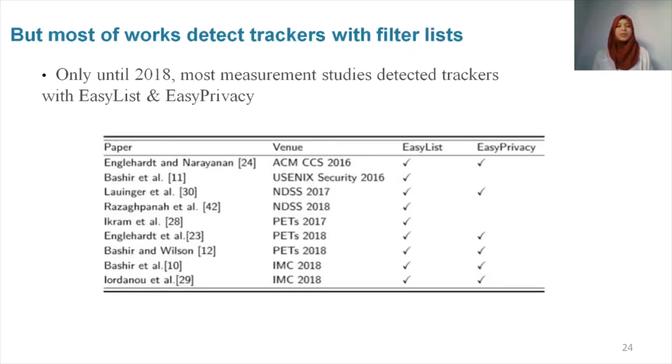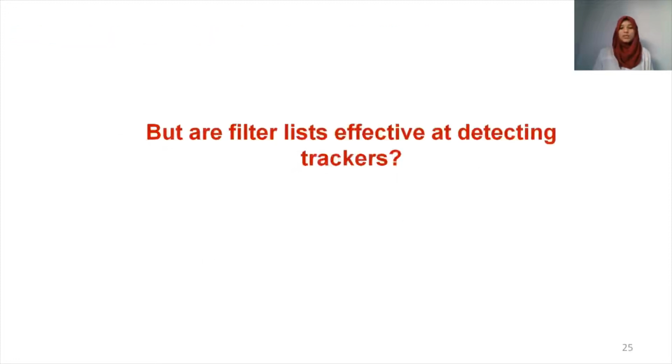In this table, we present papers published in top venues from 2016 to 2018 that rely either on EasyList, EasyPrivacy, or both combined. These filter lists rely on regular expressions, which makes it easy for them to miss unknown trackers. And given how they became a de facto approach in our community to detect trackers, it was normal to ask how efficient these filter lists are at detecting trackers.